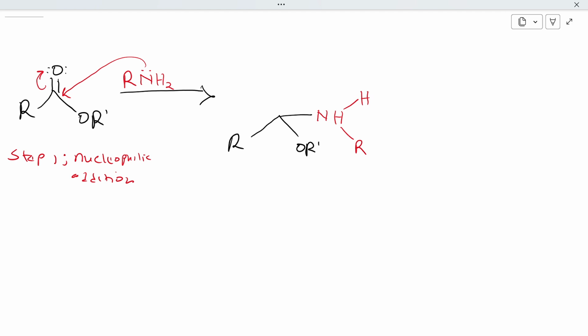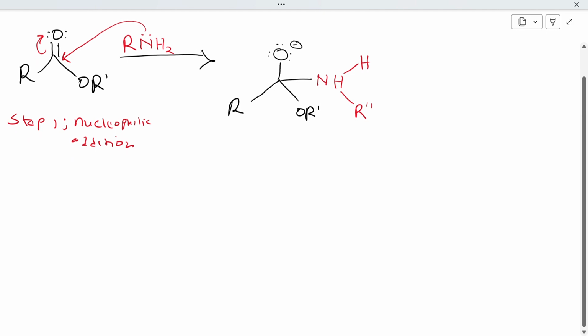I'm going to treat these as R double prime. Remember the oxygen here, the double bond broke. Now we are going to have 3 lone pairs and a negative charge on that oxygen. That's step 1 done.